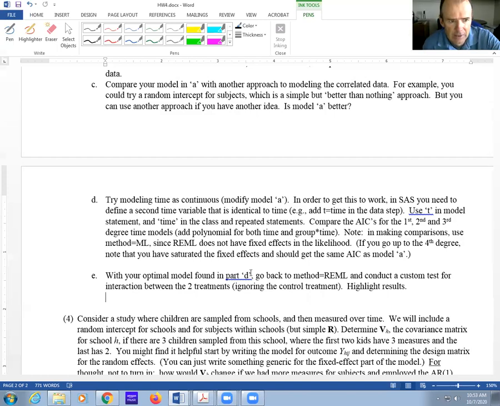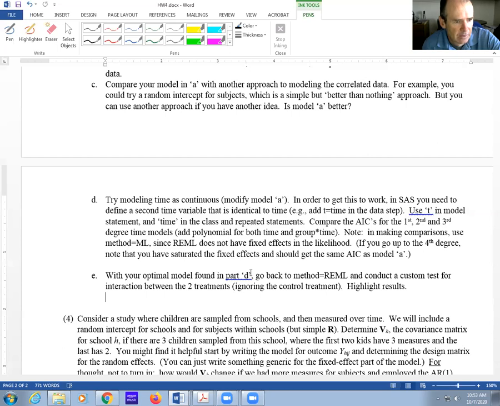So you should get the same AIC for that fourth degree model as you do for the time as class approach. And the question is, can you save a few parameters and get an even better AIC with a less than fourth degree polynomial?